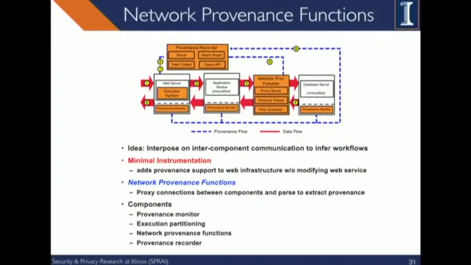And what these NPFs do, the core insight is that an operating system under the hood can't easily make sense of the internal state of an application, but it is relatively easy to interpose on communications between different components in a system through different kinds of IPC or network proxies.